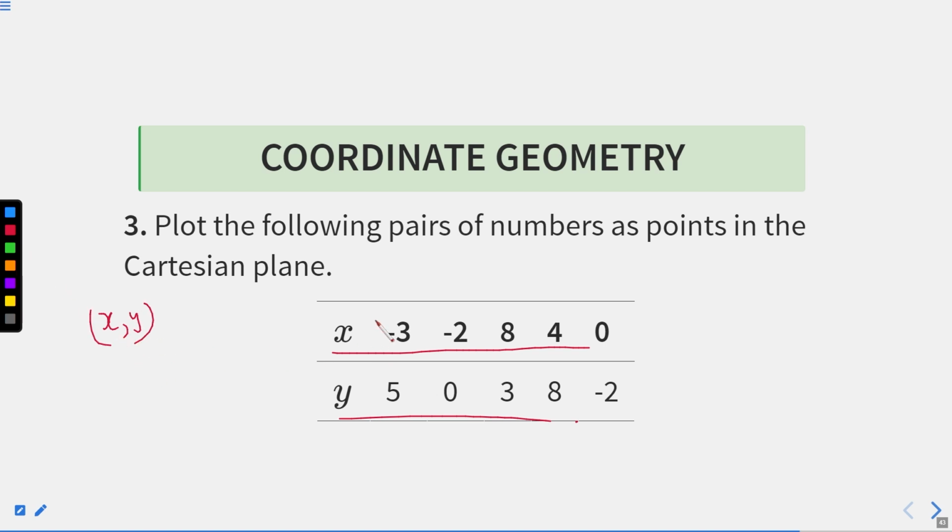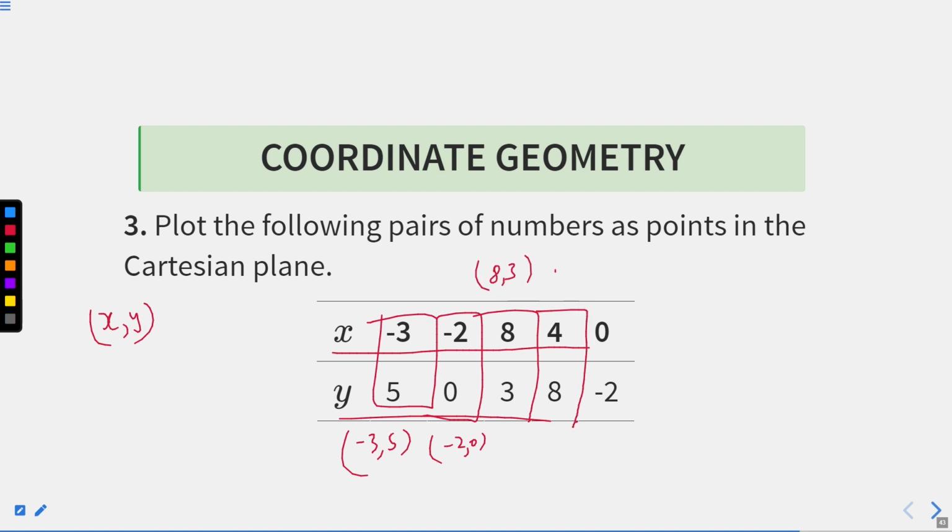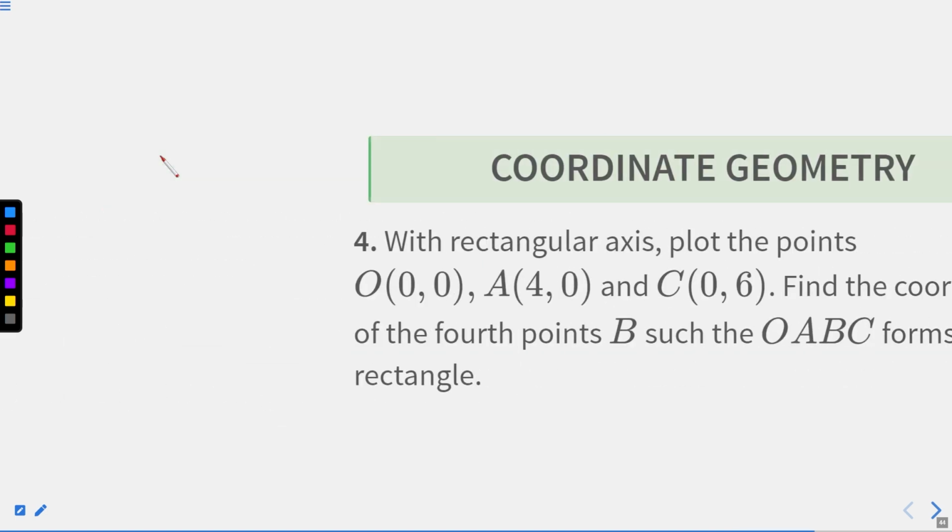They are -3 comma 5, -2 comma 0, 8 comma 3, 4 comma 8, and 0 comma -2. Now you just have to plot these points. So this is your homework exercise.